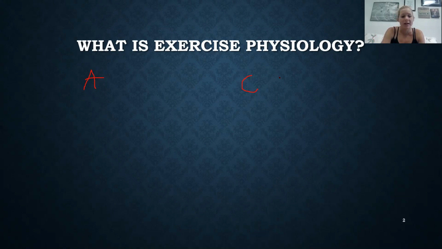Chronic exercise has to do with how my body changes if I exercise regularly over time. How is my body different as an athlete or regular exerciser in comparison to somebody who doesn't do those types of activities?